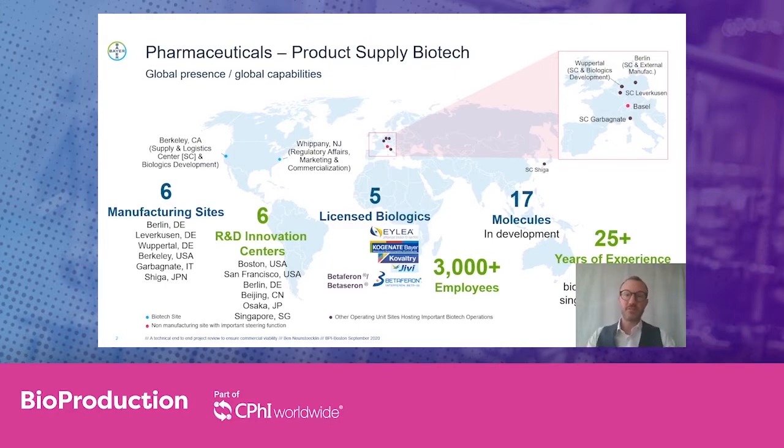We have 5 licensed biologics on the market in more than 150 countries and 17 new molecules in development. The organization consists of more than 3,000 employees with more than 25 years of pioneering experience in biotherapeutics and single-use technology.